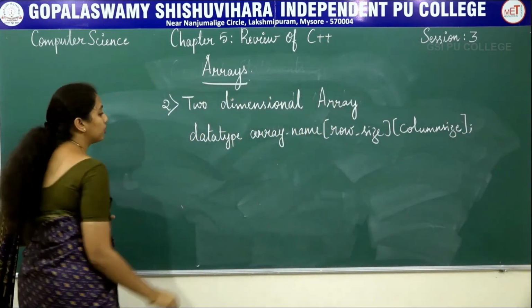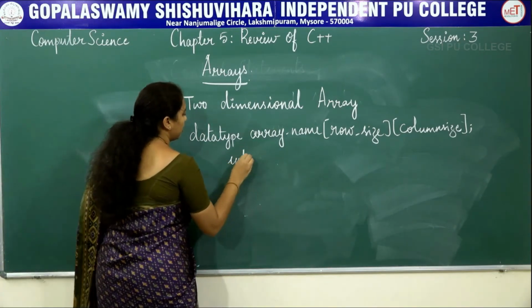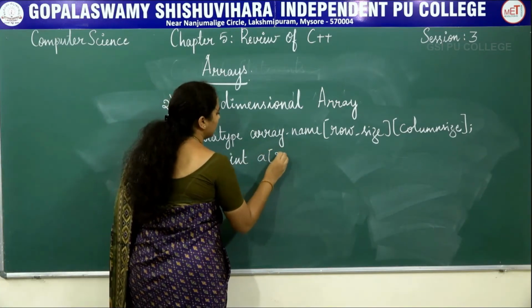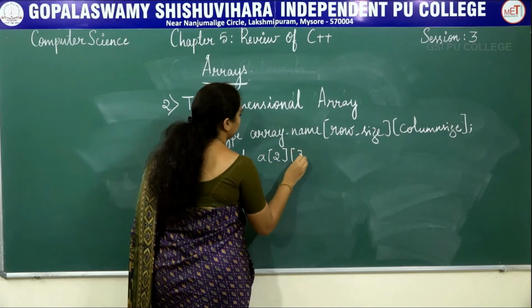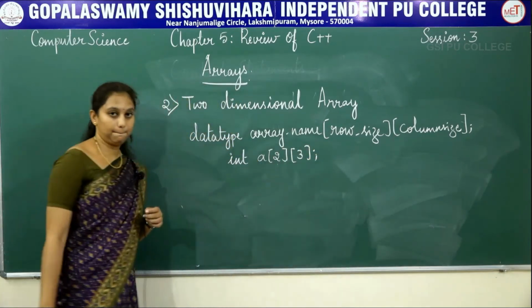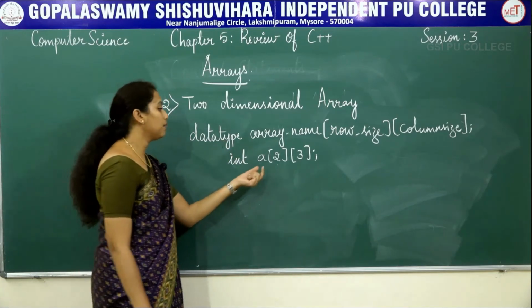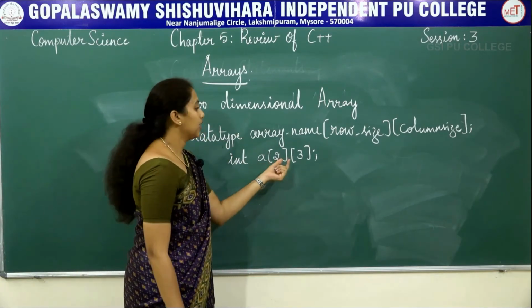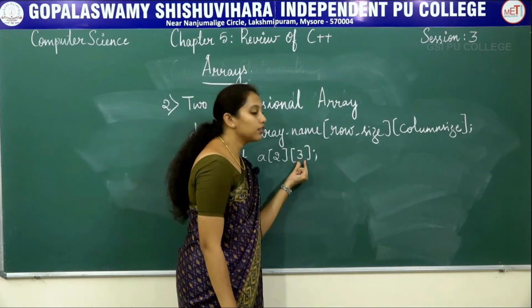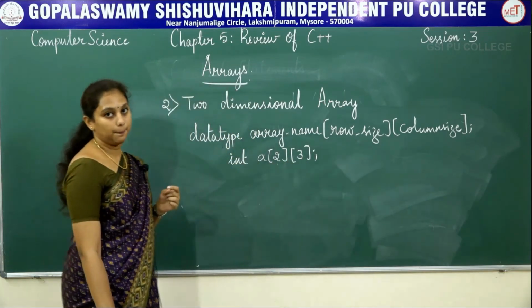An example is int a of 2 cross 3. Here int is the data type, the name of the array is A, the row size is 2 and the column size is 3.